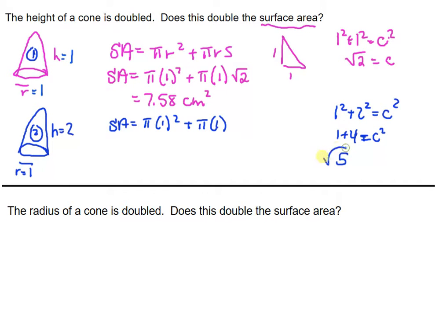Okay, so we have root 5 equals c. And then this is root 5. Okay, now let's just put this into our calculators. 3.14 times 1 plus 3.14 times 1 times root 5. I get 10.16.